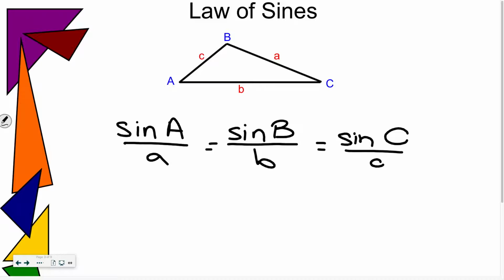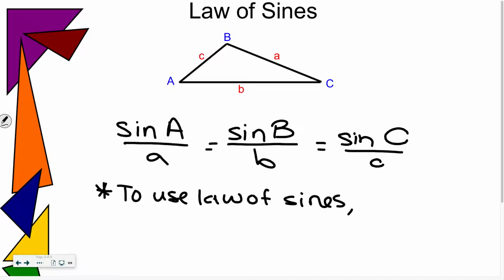Okay. Now, when you're actually using the law of sines, you only use 2 at a time. So you don't need to write out the whole thing, all 3 ratios. You're probably just going to be solving with 2 of them.